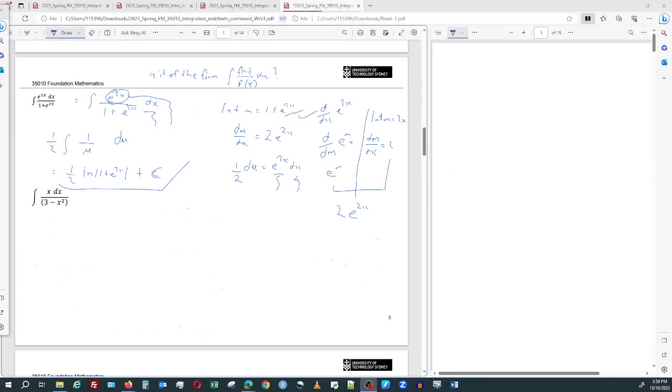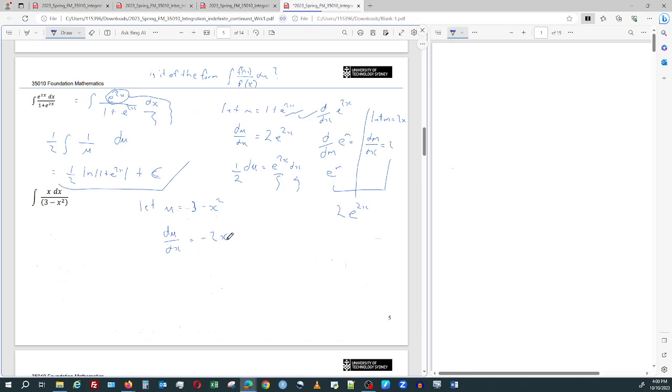Okay, welcome back. So we'll finish off some more of this U substitution integration. So we've got let u equal 3 minus x squared, and so du dx is equal to minus 2x.